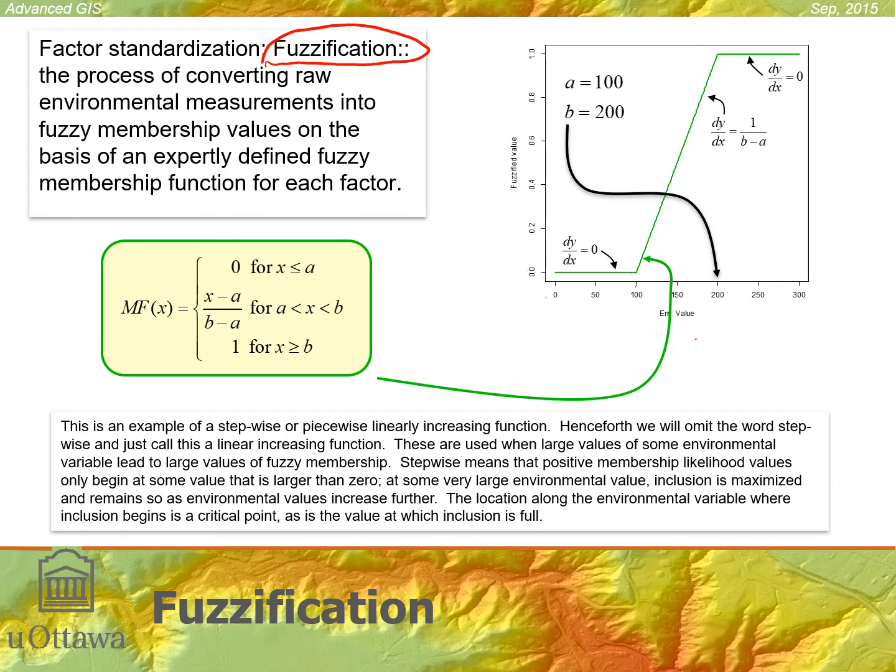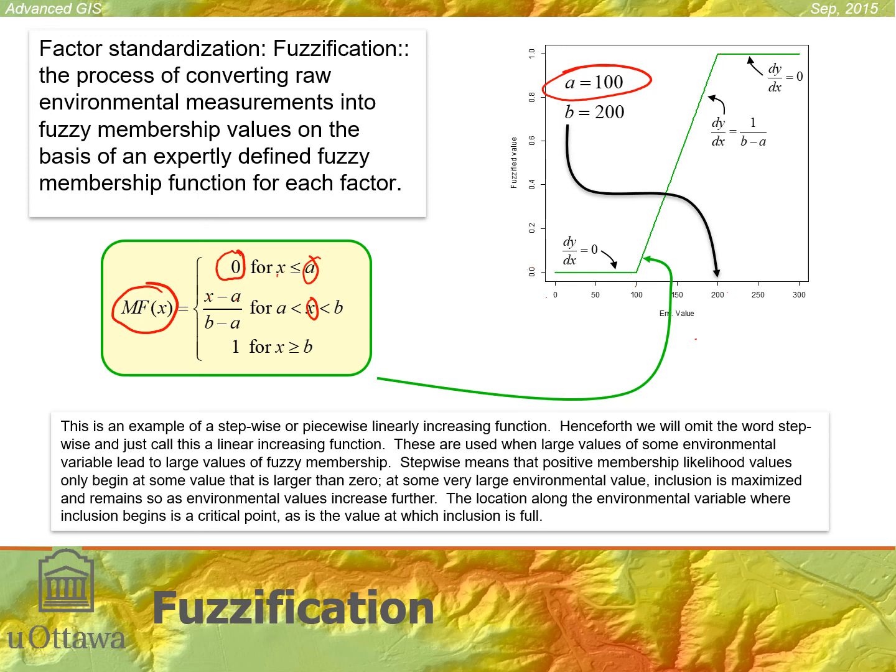The equation for this function is given here. So MF at x is just the lines that you see here, the green line. And here it specifies that it is 0 for x less than or equal to a. And again, a is 100 in our case. And then x minus a over b minus a for a less than x less than b, where a and b are 100 and 200.